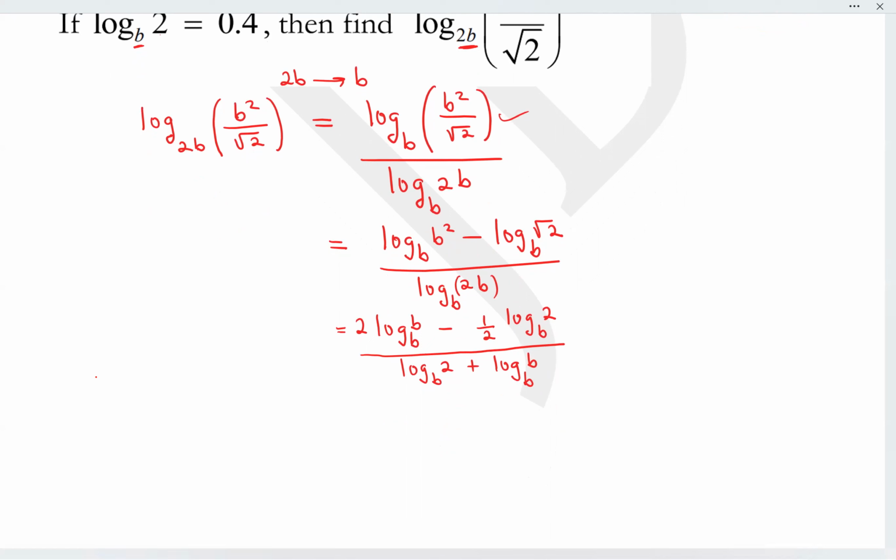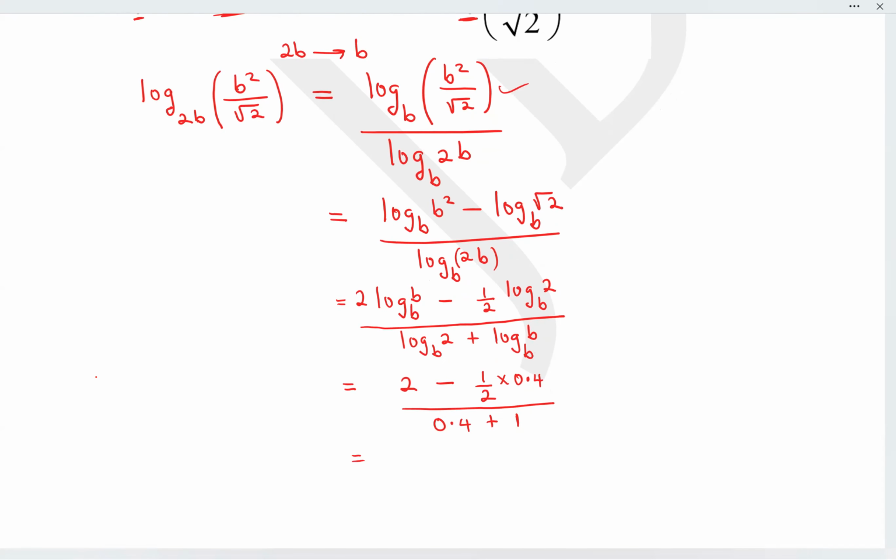So finally, log b of b is 2, so you have 2 times 1. This is just 2 minus half log b of 2. Log b of 2 is 0.4. So this is half times 0.4 over log b of 2, which is still 0.4, and log b of b, which is 1.